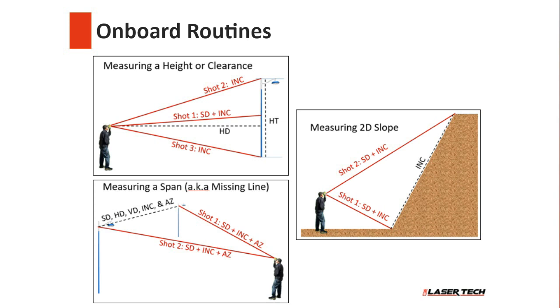So if you want spans or widths or anything of that nature, you take 2 shots. Again, this is all taking measurements from a good, safe location, away from the objects, away from roadways, and you're able to take a couple shots there and get those values, which is really good to take a look at and download into different apps.